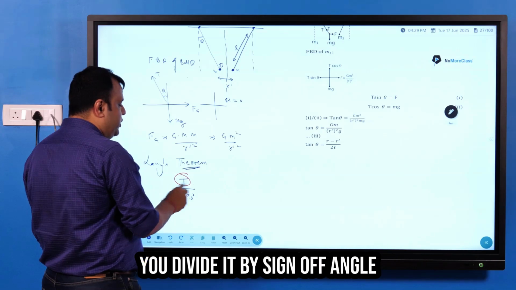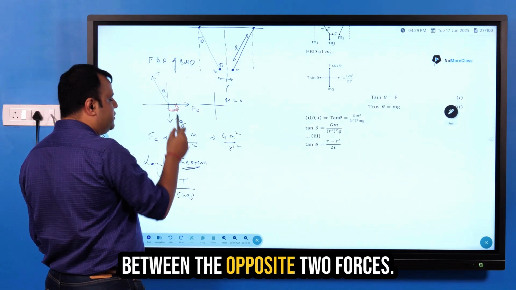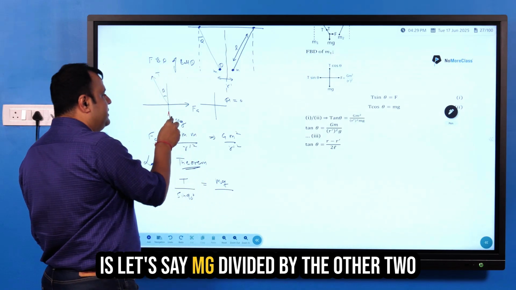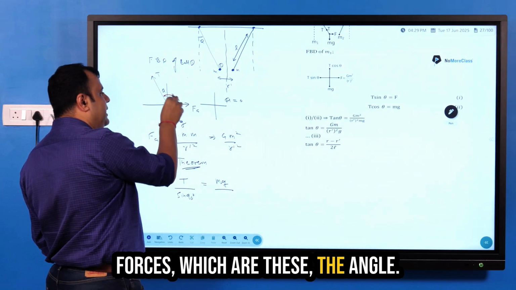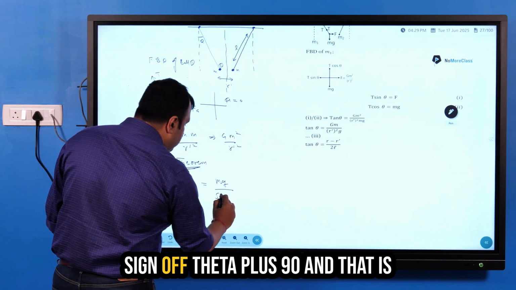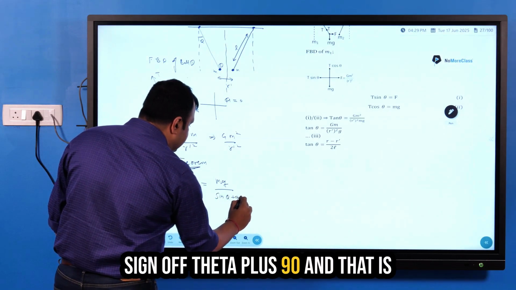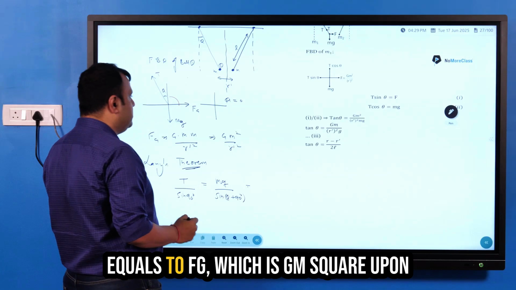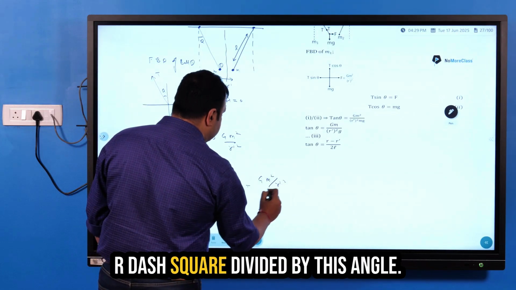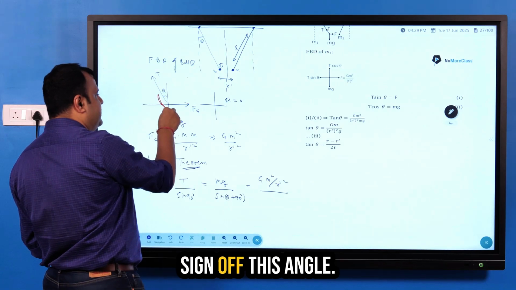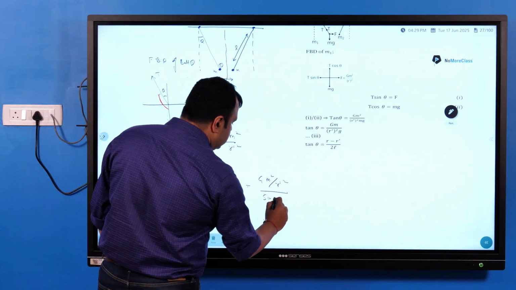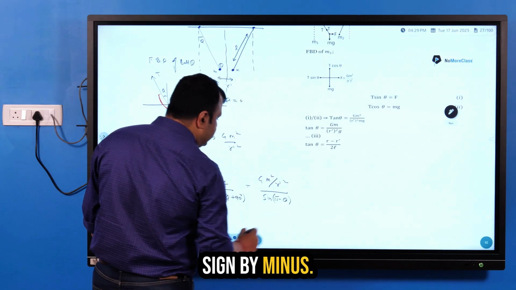That is the same as the other force, mg, divided by sine of the angle between the other two forces. This angle is going to be theta plus 90, so sine of theta plus 90. And that is equal to Fg, which is G m square upon r dash square, divided by sine of this angle. This is theta, so this is going to be pi minus theta, sine pi minus theta.